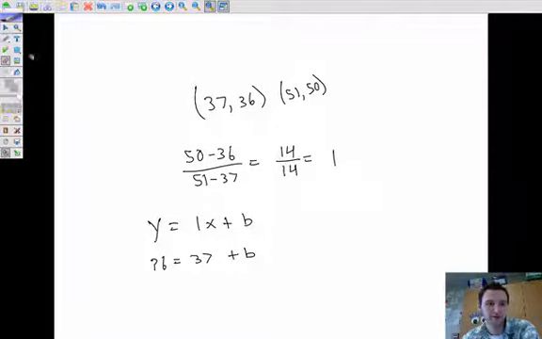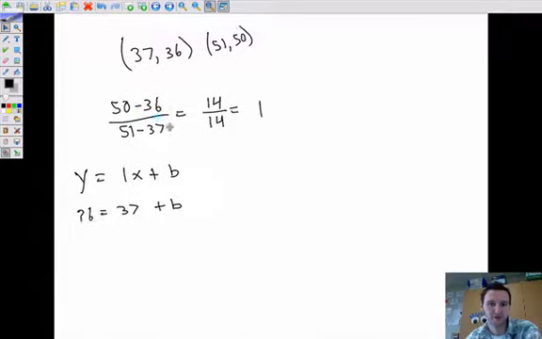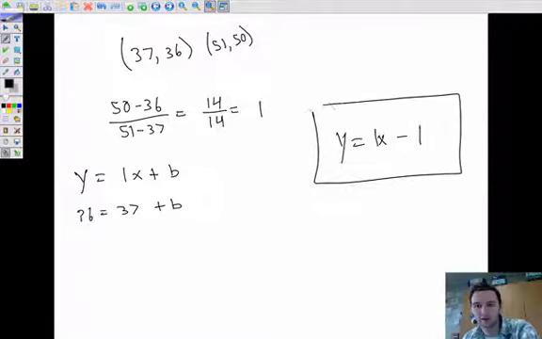So our equation for this line that I've just drawn, our line of best fit, the equation for the line we just found is y equals 1x minus 1. All right? And so we're going to talk about what this 1 means.